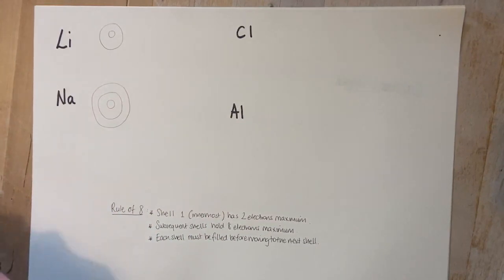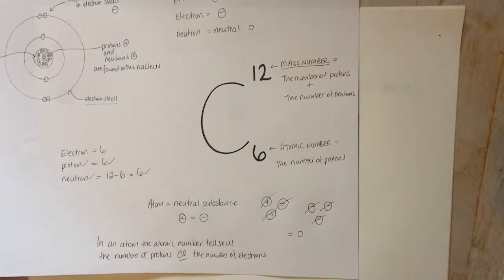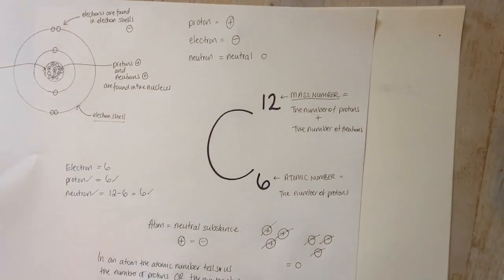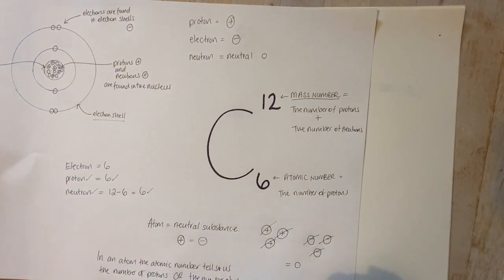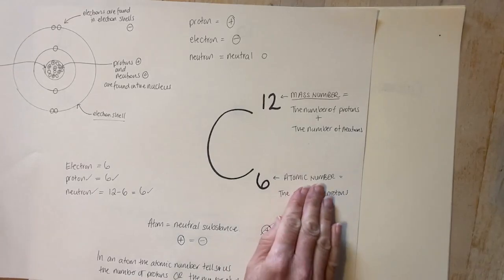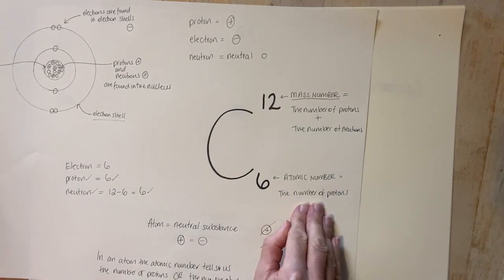Now previously we looked at using the periodic table to find the number of protons, electrons and neutrons. In this case, we need to know the number of electrons to help us do this task. The atomic number gives us the number of protons.